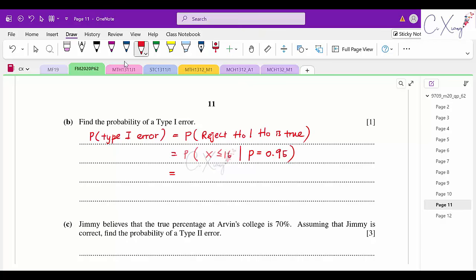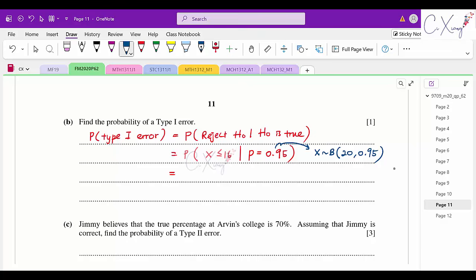That means if you want to calculate this probability, you need to use X is binomially distributed with 20 and 0.95, and you need to calculate the probabilities one by one: x from 0, then 1, 2, 3, 4, 5, 6 until 16. The other way is to find 1 minus the probabilities of 20, 19, 18, and 17.